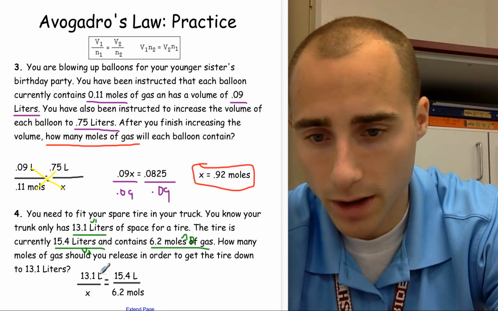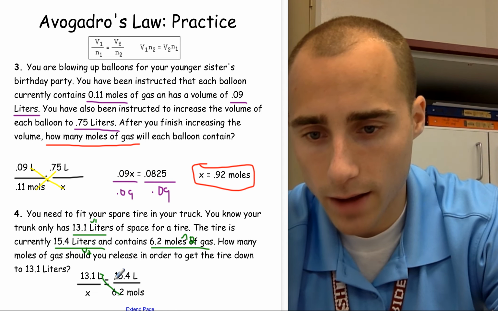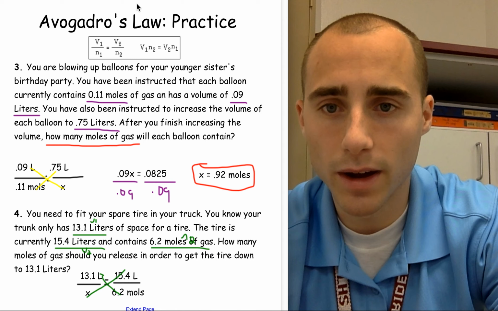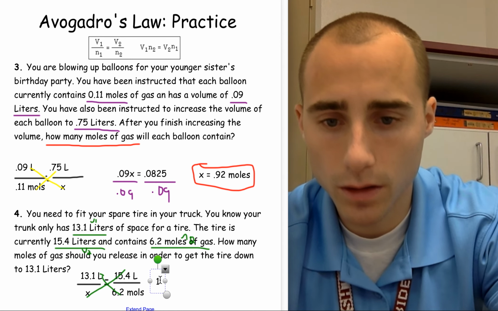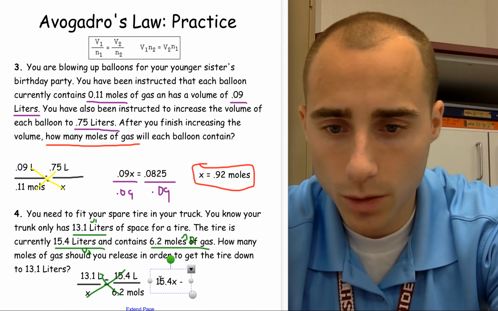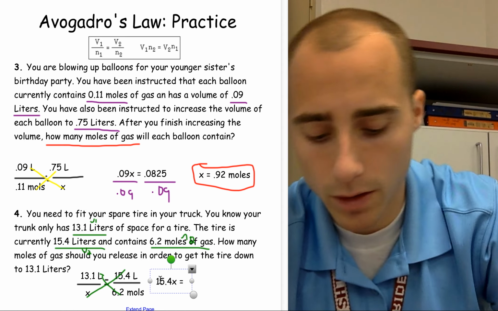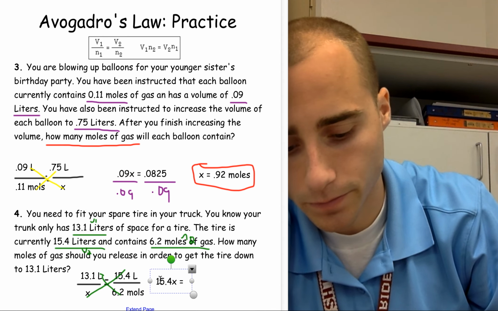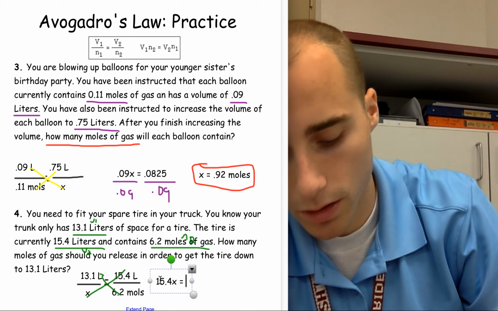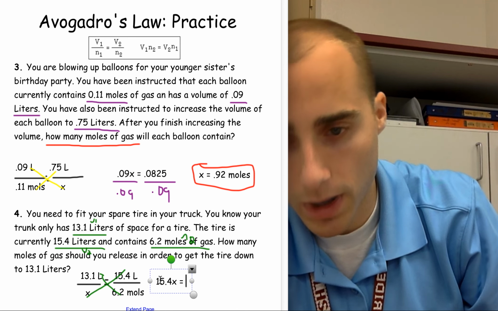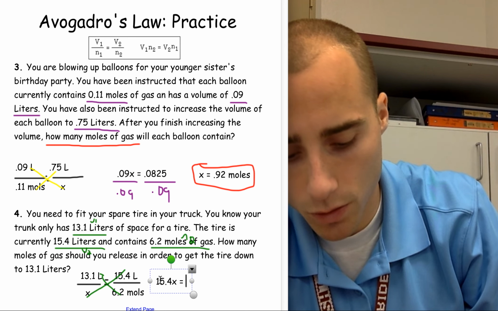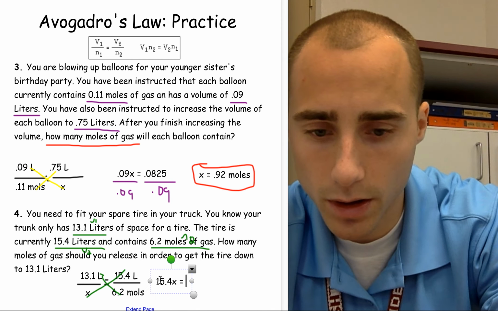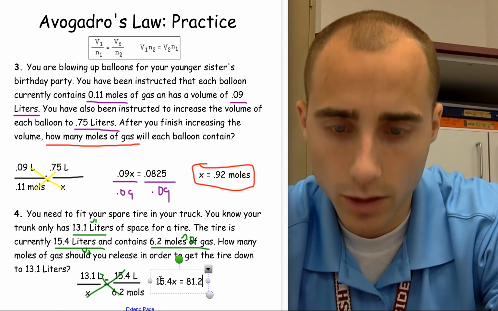So we'll cross multiply here like that. So you get 15.4X equals, and then we do 13.1 multiplied by 6.2, and that's 81.2.